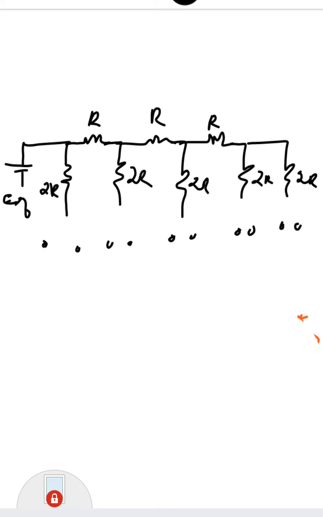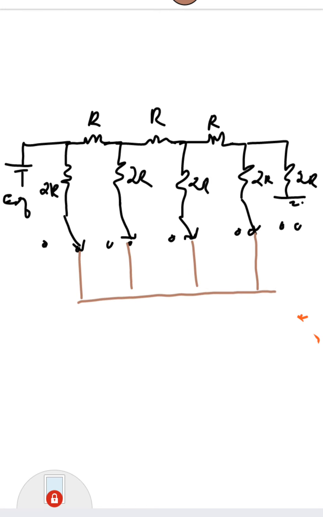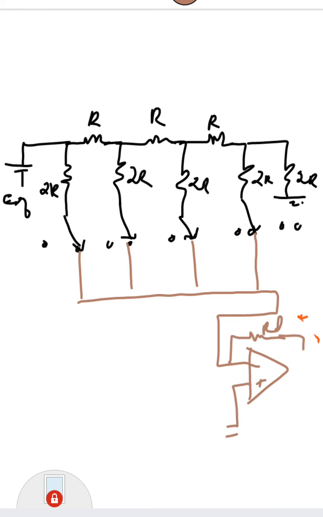Now assume that the digital voltage is applied, so you have to connect the switches to this path. This is grounded and this is connected to the negative terminal of the operational amplifier with feedback resistor RF, and this is V0.